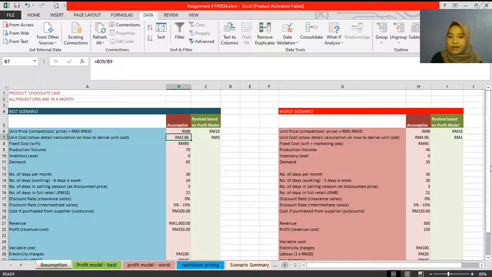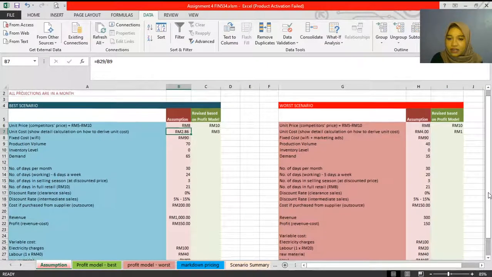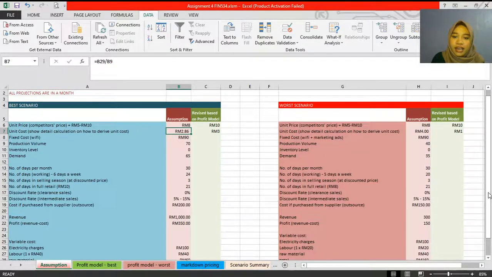For my worst scenario, my unit price is 8 ringgit, and the unit cost is 4 ringgit, which is a bit of an increase from the best scenario, because I am reducing my variable cost from 200 ringgit to 160 ringgit, and also I am reducing my production volume from 70 units to 40 units.